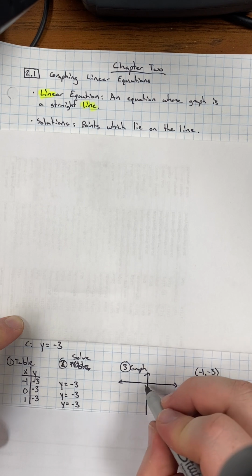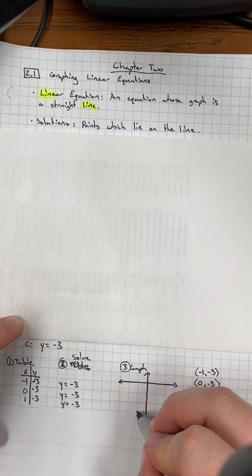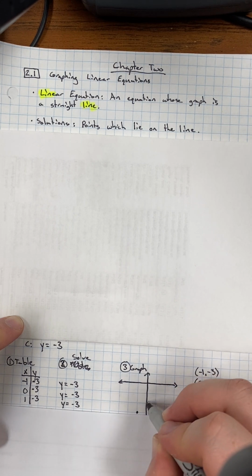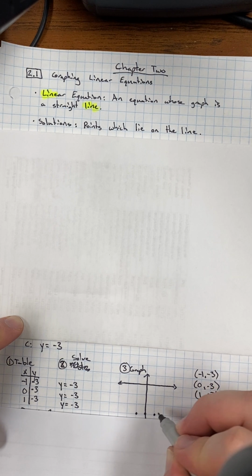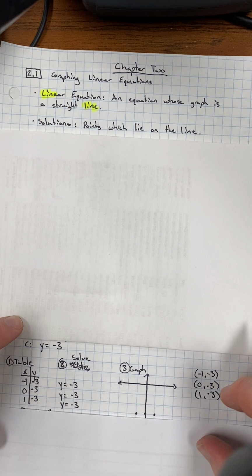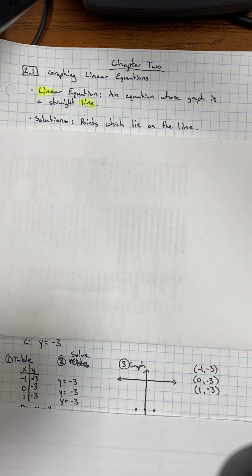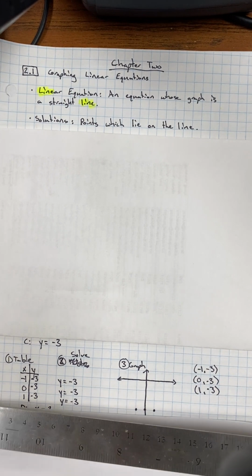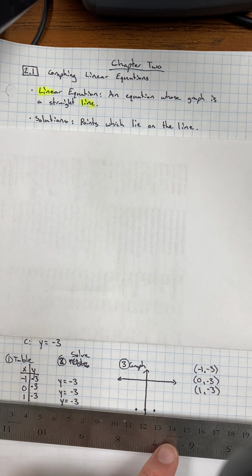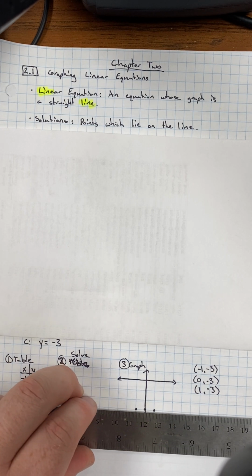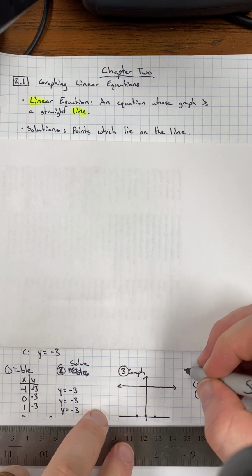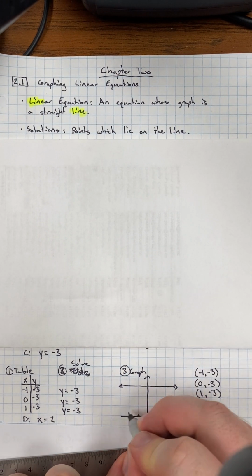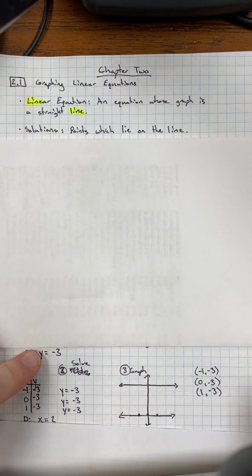Okay, interesting. So now I put my ruler down, and what's cool is I actually still get a straight line. Even though this problem is kind of weird, right? So right there is my answer.